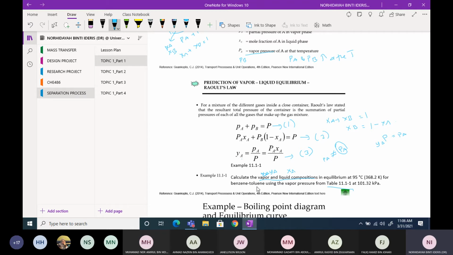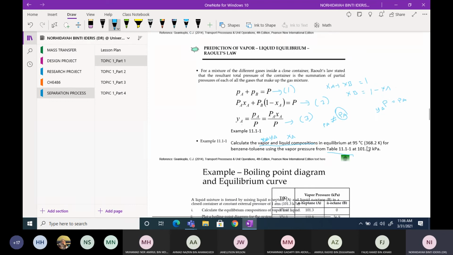So how do we do this? The specific temperature is already given here. Right now, look at the table. Look at the temperature 368.2 Kelvin, which is on the 4th row.